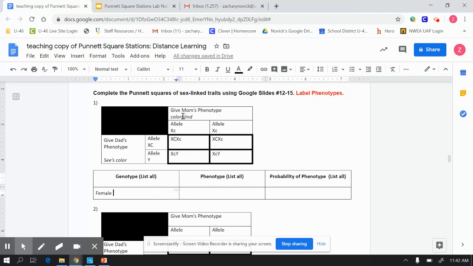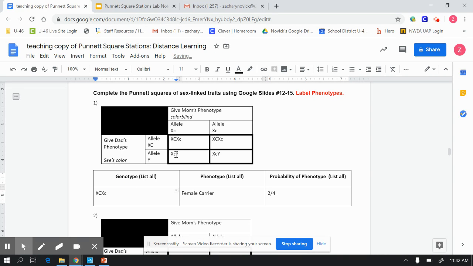So what we know here is this person is a female carrier because they have the colorblind gene, but they themselves are not colorblind. So that's the phenotype. We're just going to write X uppercase C, X lowercase c. This person is a female carrier, and we know the probability is 2 out of 4. Okay, and now this next child.